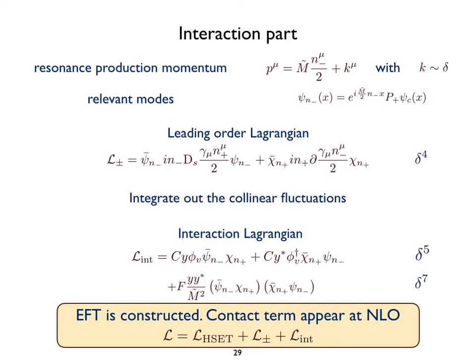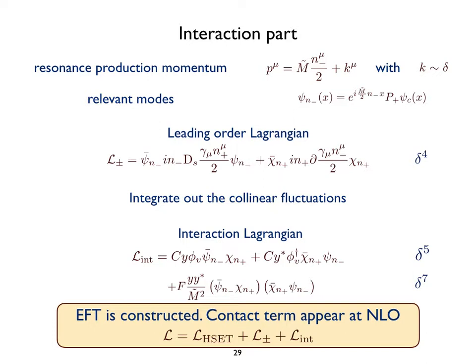We have chosen the form of the Lagrangian to describe the resonance production at leading and next to leading orders. It contains soft photon and fermions, as well as a resonance field phi-v, external electron and neutrino modes psi n- and psi n+. The Lagrangian deals only with the soft momenta scale.